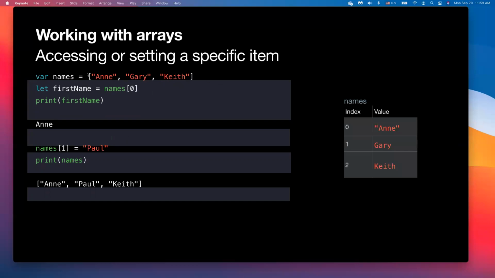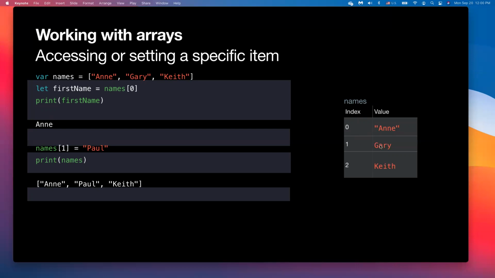So when we define this here, my names, what actually happens internally is you create the variable names, and this array has two elements for now. It has the index for each one of those, and it has the value. So the first element is stored at the index of 0 or subscript of 0.